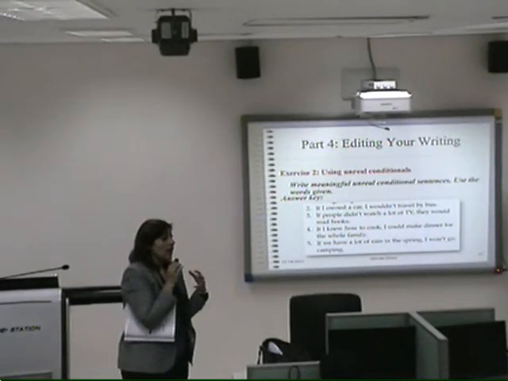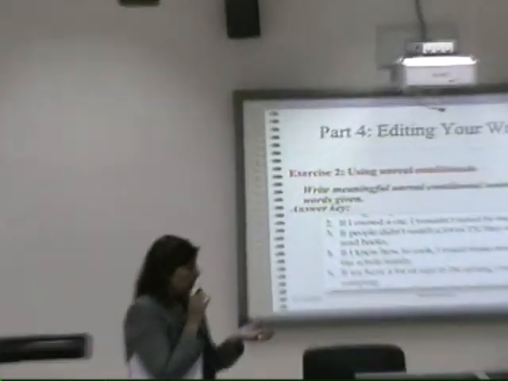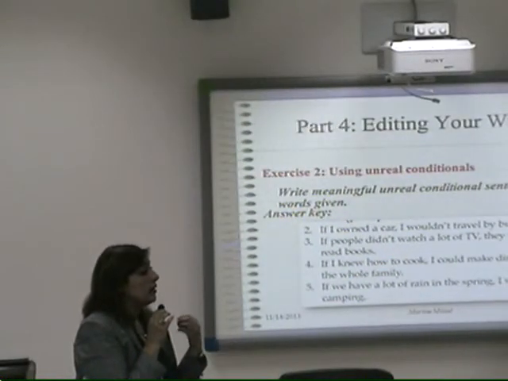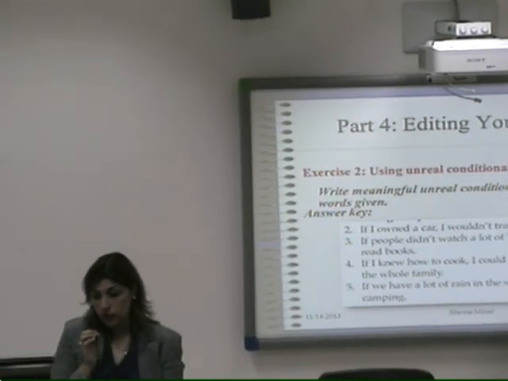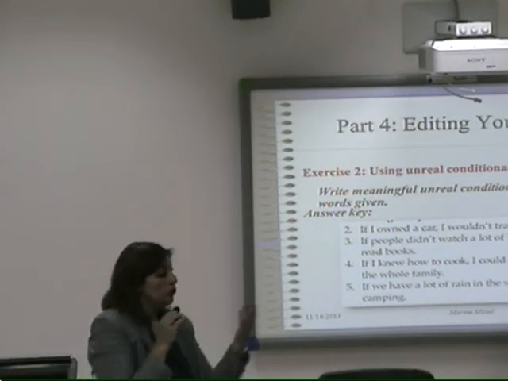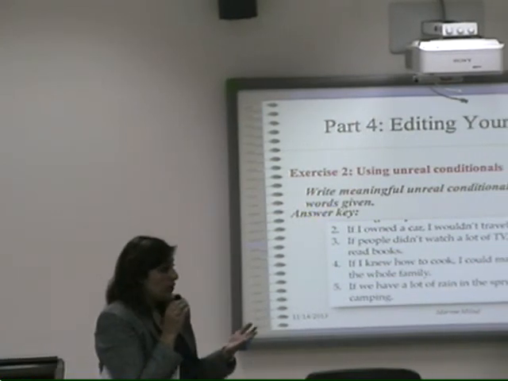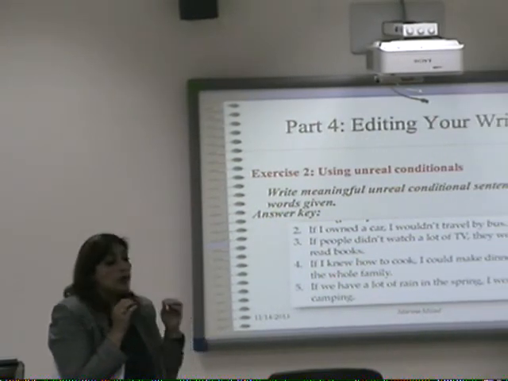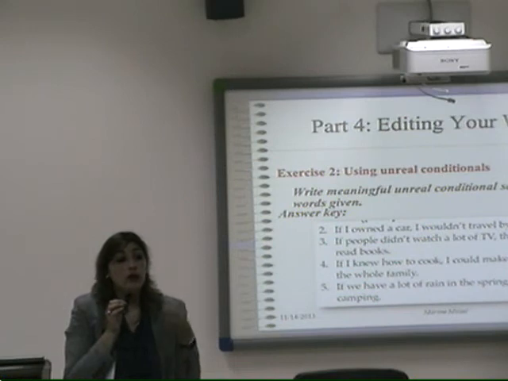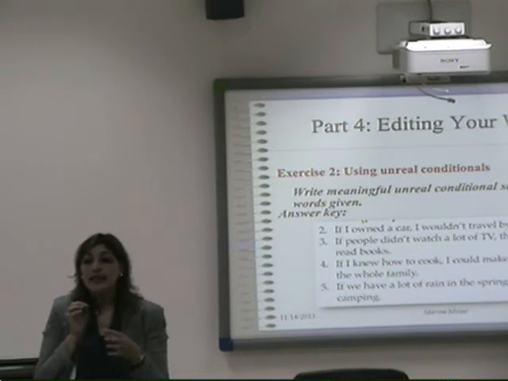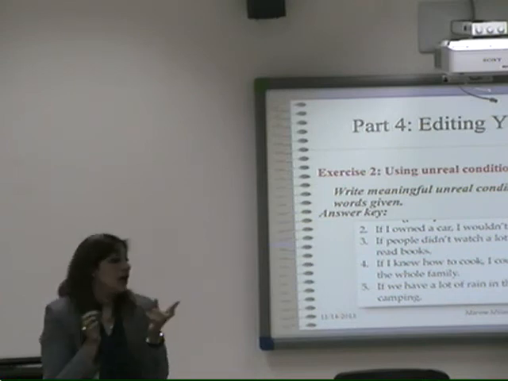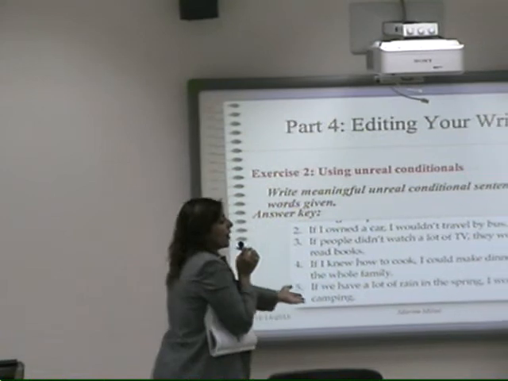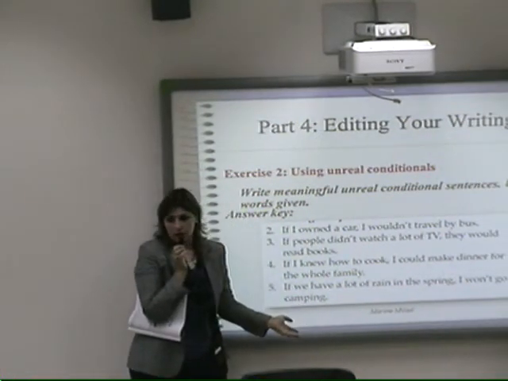If you are in a tropical area that doesn't have rain in spring, what would you do? In the unreal situation. But what if you live in an area where it's possible to have rain in spring? Yeah, we use that.